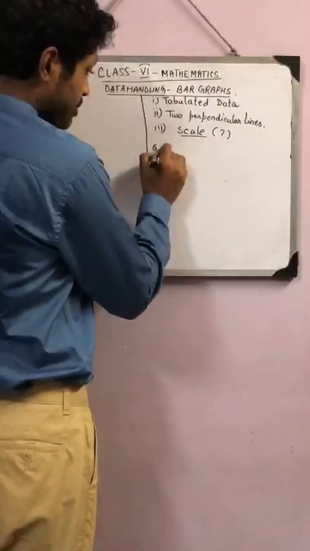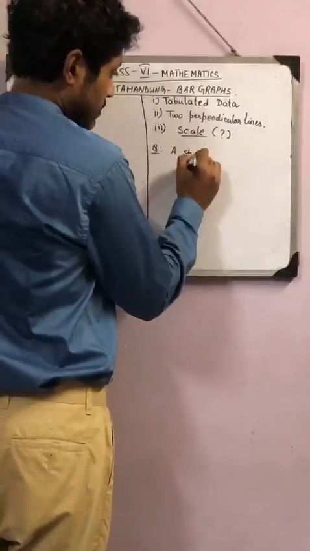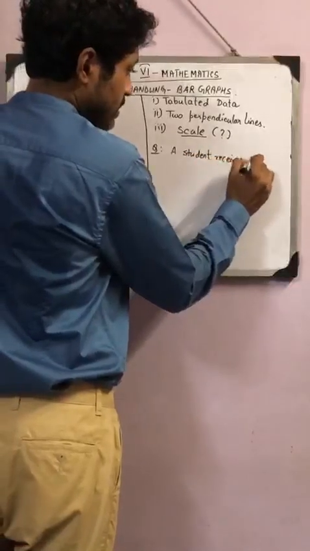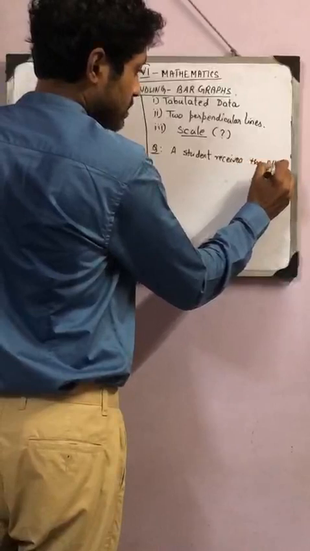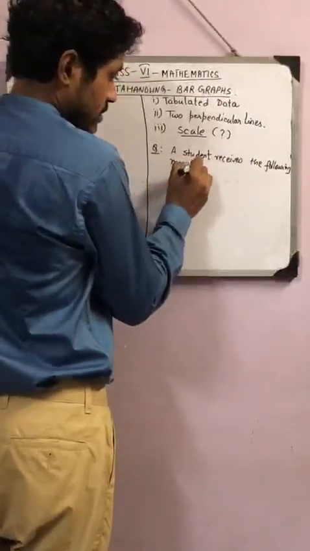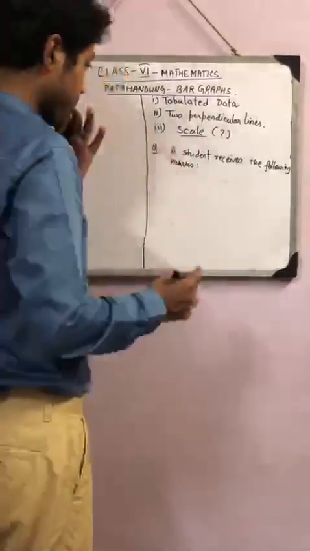So therefore a question would be, say a student receives the following marks which we have to represent in the form of a bar graph.